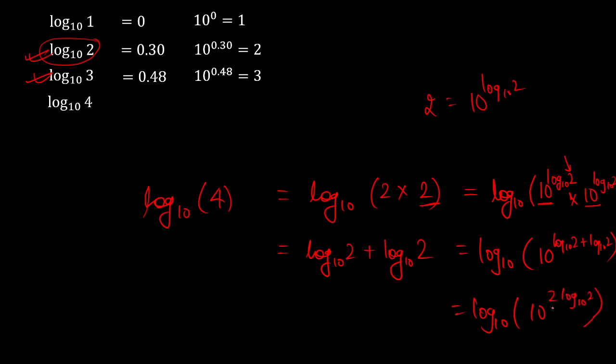Now you have taken 2 times log 10 2 and applied an exponent of base 10 and a log of base 10 on this, and they cancel out, and you get 2 times log 10 2. So this is what I was doing here without the proof, and this will be 0.30 plus 0.30, which is 0.60.